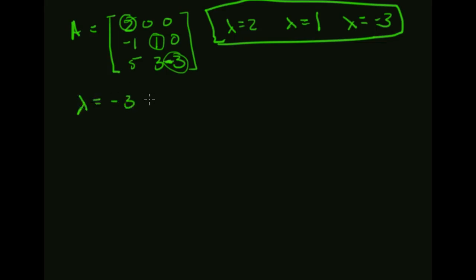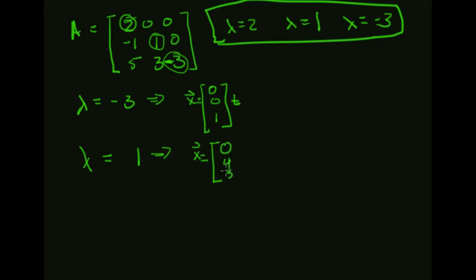With a little bit of work, you can see that lambda equals -3 corresponds to the vectors where you take 0, 0, 1 times a scalar. Lambda equal to 1 corresponds to the eigenvectors where you take 0, 4, 3 times a scalar, and lambda equal to 2 corresponds to the vectors where you take 5, -5, 2 times a scalar.